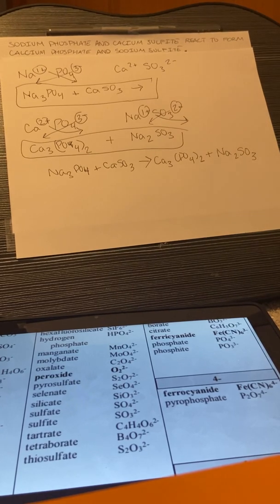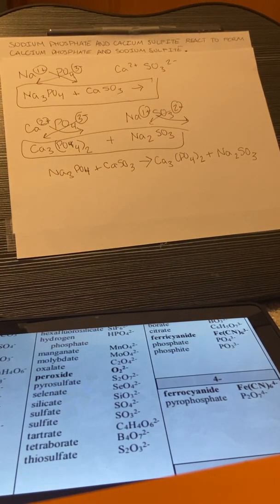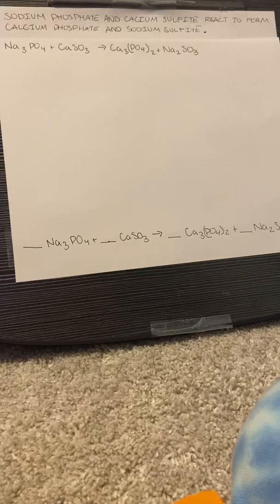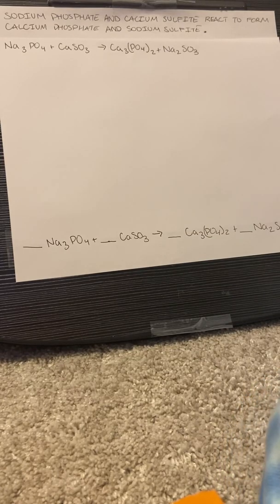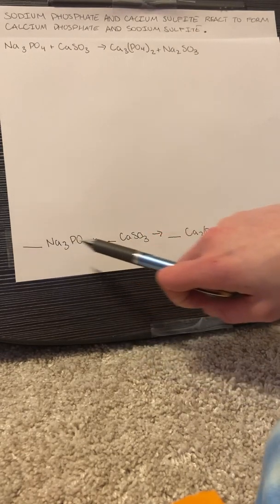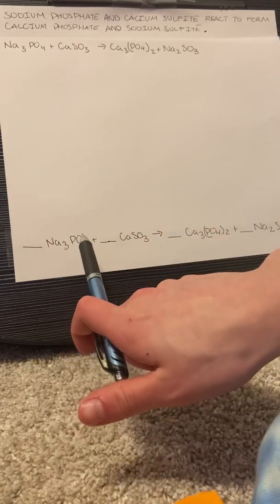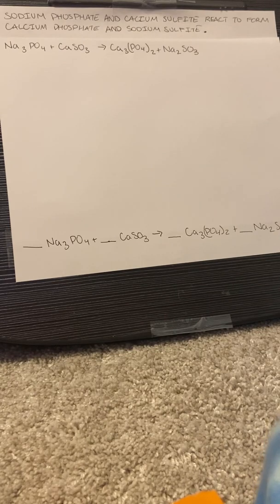And then the next thing that we are going to have to do is balance this. So I'm going to go ahead and bring up another piece of paper so we have a little bit more room. Okay, I went ahead and added some more paper so that we have some more room to work here, and then I added our unbalanced equation back up here, and I rewrote it down here with spaces for our coefficients for when we balance this out.